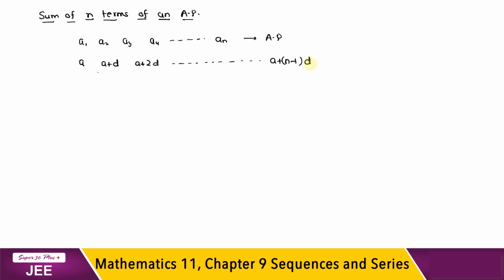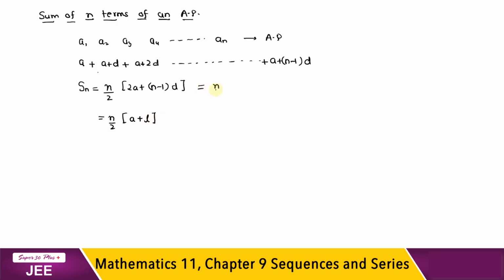Alright, so if we are required to find the sum of n terms of the AP, we are interested in adding all of them. And if we add all of them, this resulting series will be equal to the sum n by 2, 2a plus n minus 1 into D, which can also be written as n by 2 a plus L. Why?